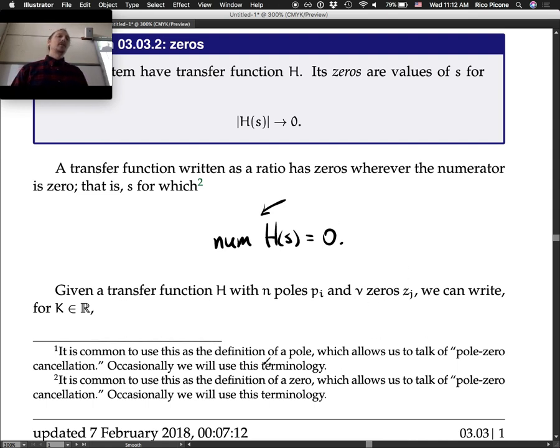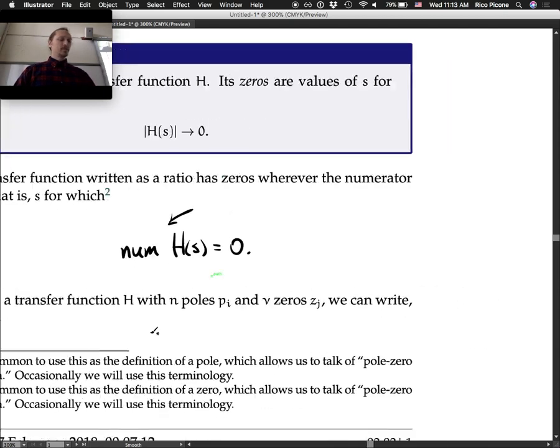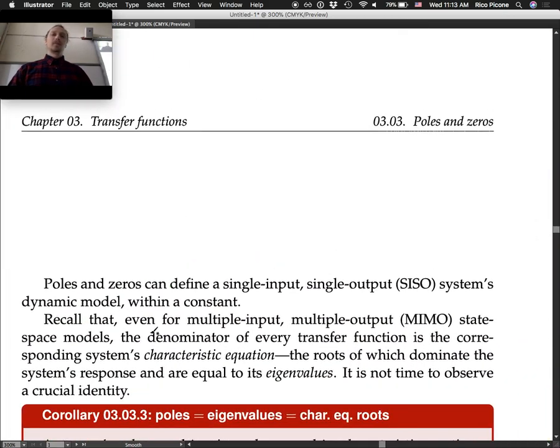We can write for some constant k the following identity, which is that the transfer function can be written as some constant times this ratio. The ratio is of, we're going to use the capital pi for product.